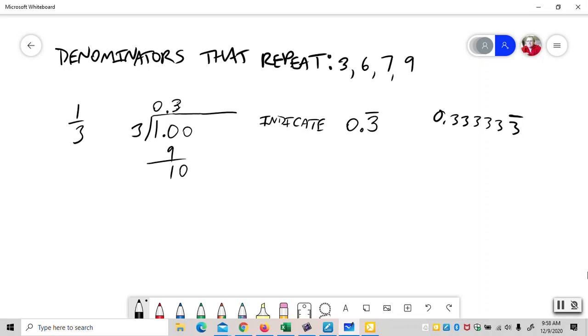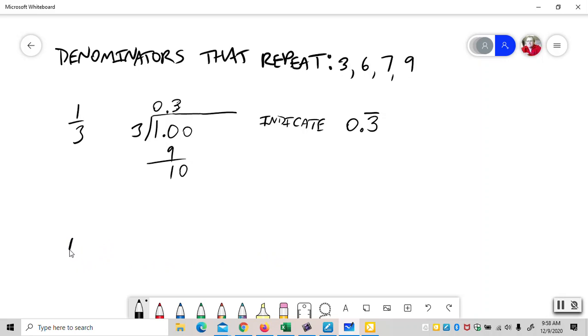That would be putting a whole bunch of stuff in that you don't need. You just do it where it is necessary. So the first digit that repeats is what you put the bar over, and only the repeating digits.